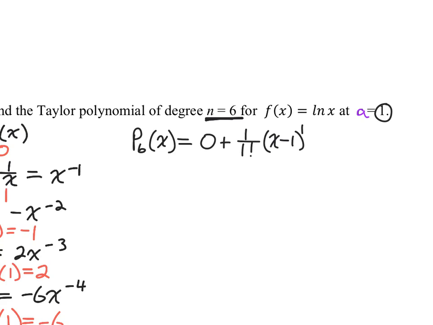In reality, that 0 is 0 over 0 factorial times x minus 1 to the 0th power, because all the other stuff canceled away. The next one would be plus a negative 1 over 2 factorial x minus 1 to the second power.